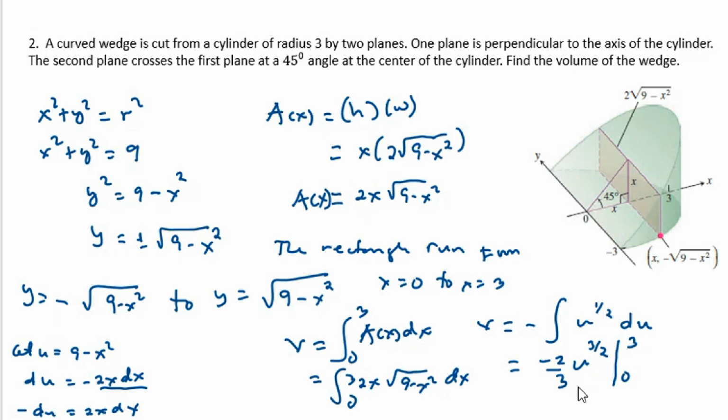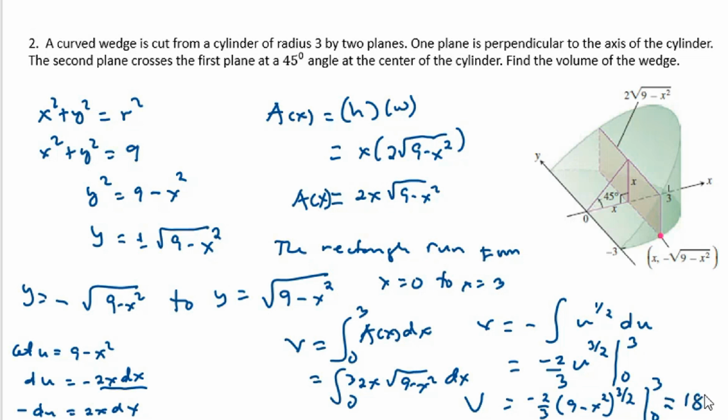So by substituting the value of u, we can write negative 2/3 of 9 minus x squared, to the power of 3 halves, with the interval from 0 to 3. So taking the fundamental theorem of calculus to evaluate the integral, this will give us the answer of 18.